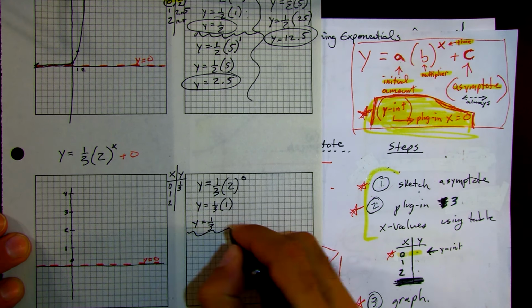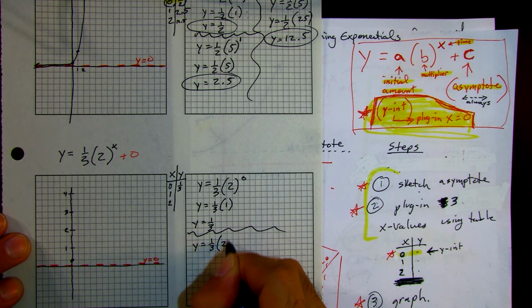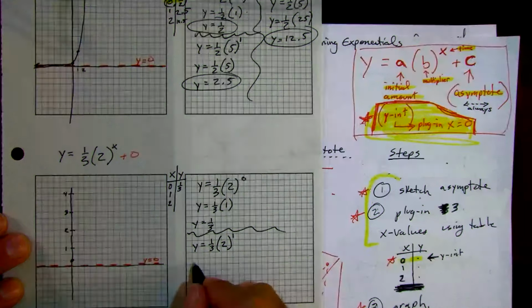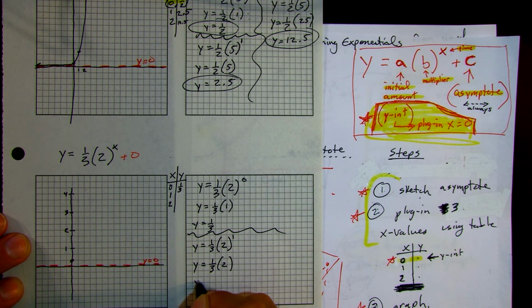Okay, and then y is equal to 1/3 times 2 to the first power, 1/3 times 2, y equals 2/3.